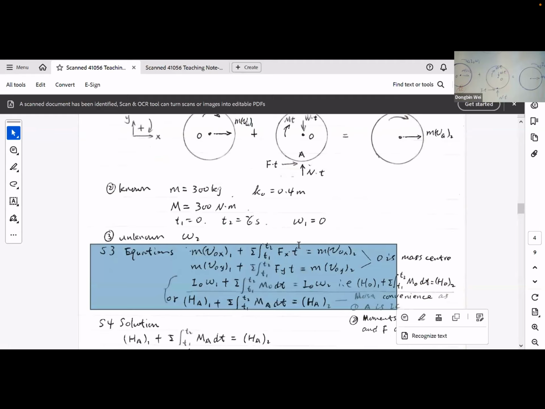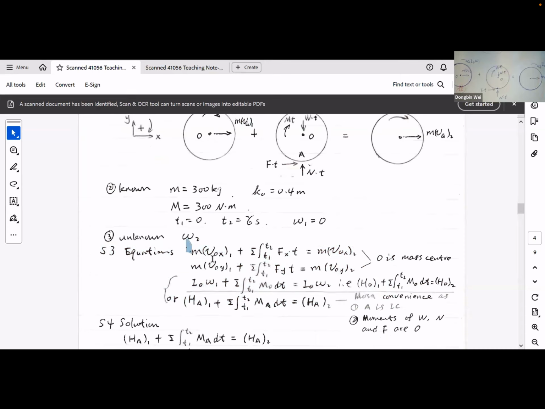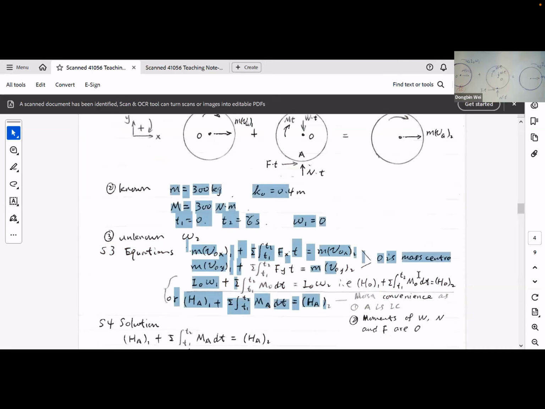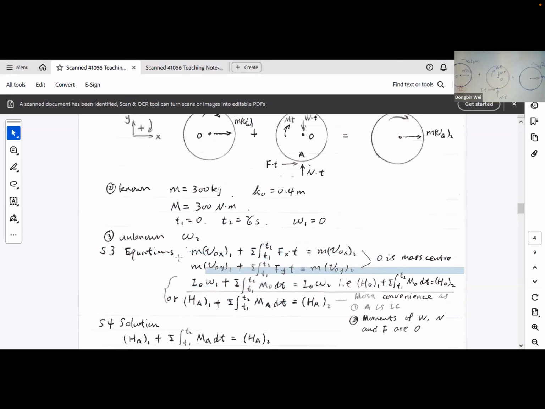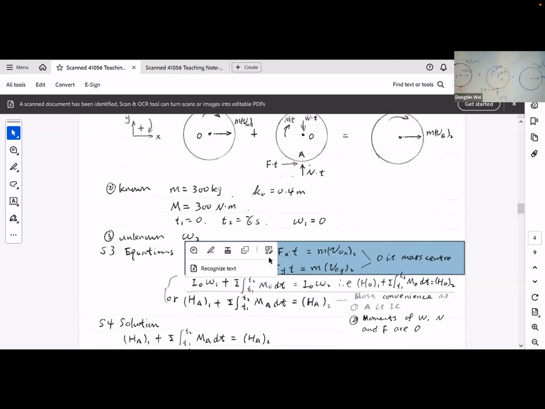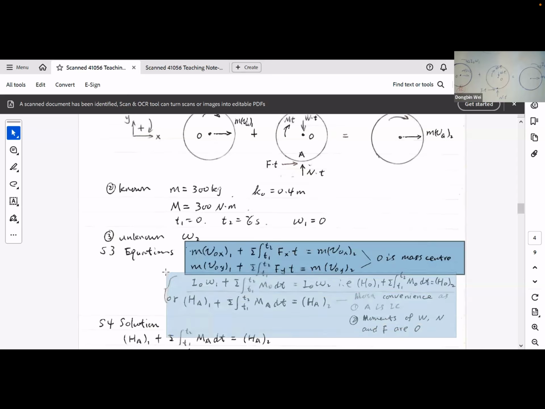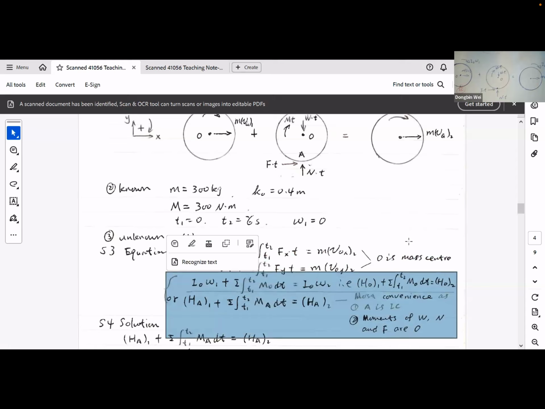For the first two, this should be about the mass center O, the linear impulse and momentum. And for the third one, it's about the principle of angular impulse and momentum.